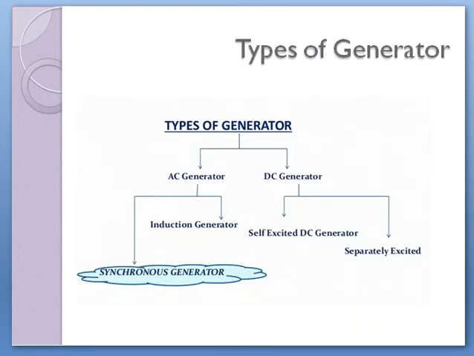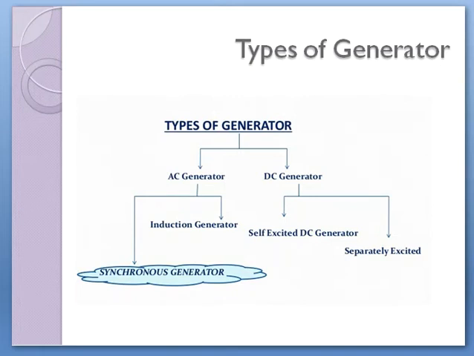There are different types of generators. We can classify them on different modes, but here we restrict ourselves to the types of generators which are used for electrical power. So, the generators may be either AC generator or DC generator depending upon the type of output.